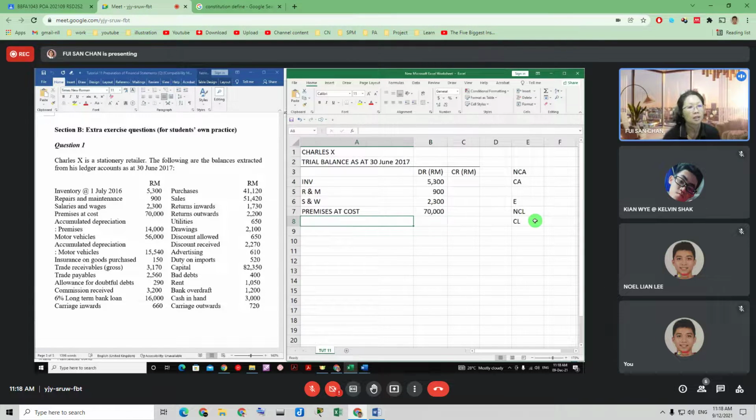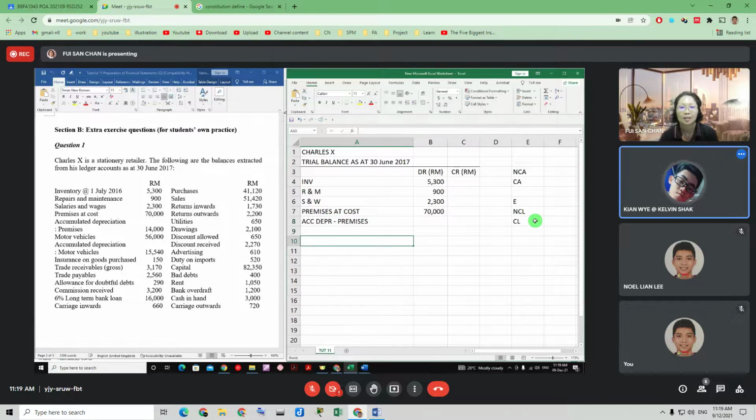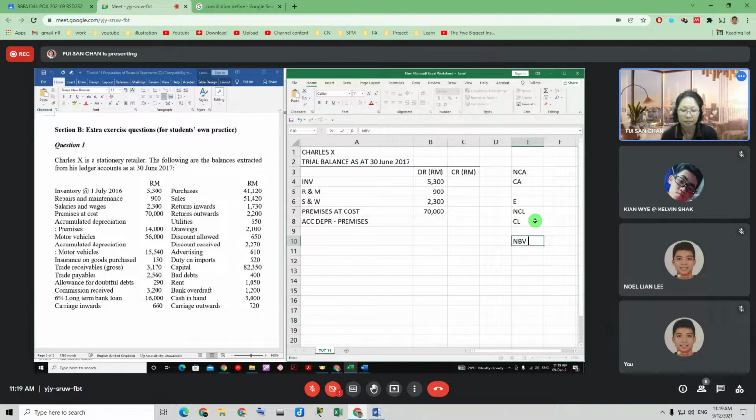Okay, right, next. Accumulated depreciation is debit or credit? Debit also. Why debit? It's also expenses, isn't it? Is it still cost? Okay, now, do you know what is net book value?